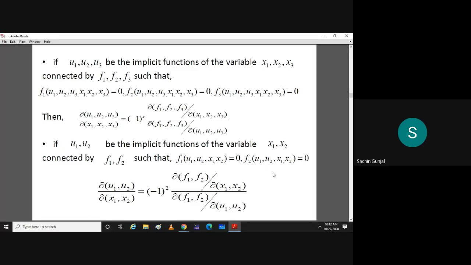Give a title, Jacobian of implicit function. Under that, write down these two rules.